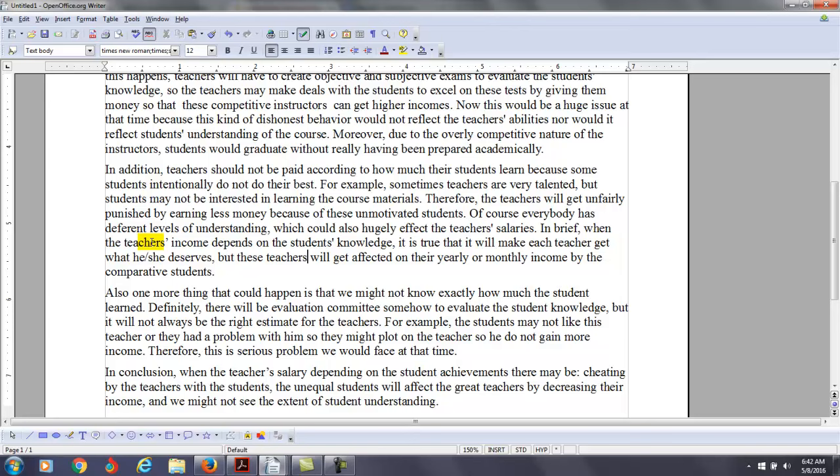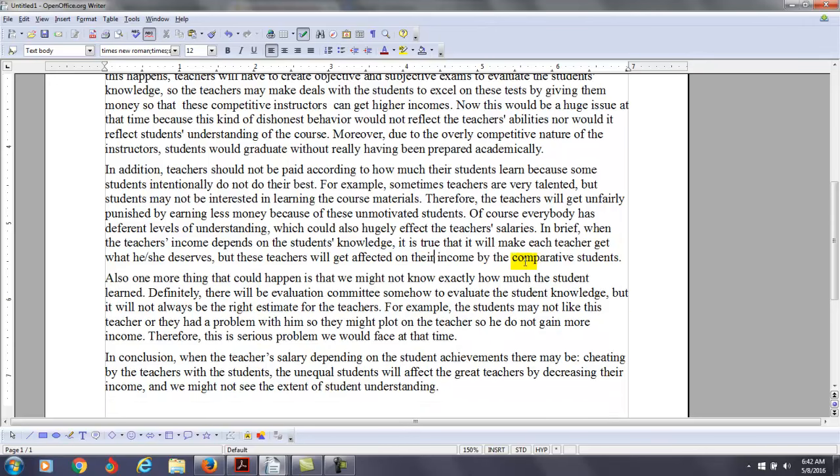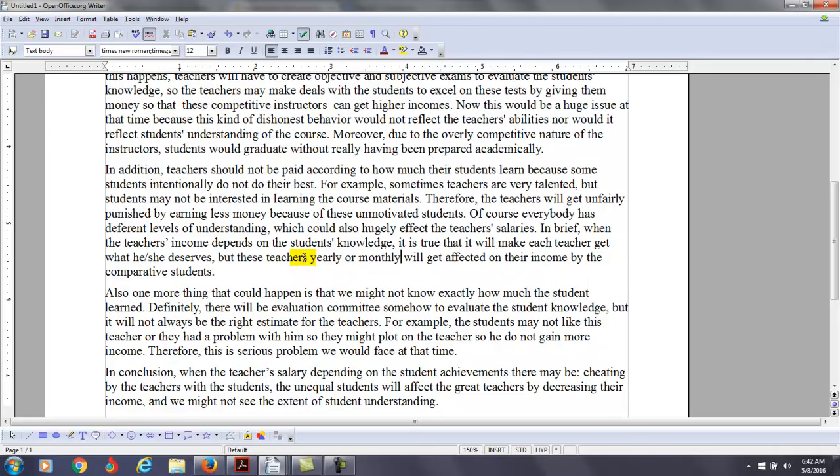Now here's some word order issues here. Let me show you what I would do here. Again, it's because you don't like that apostrophe S, you will do everything you can to avoid using that, right? Because you don't know how to use it. But what if you said this, but these teachers' yearly or monthly incomes. So I think we have it. See how this is a lot more concise way to say this idea?